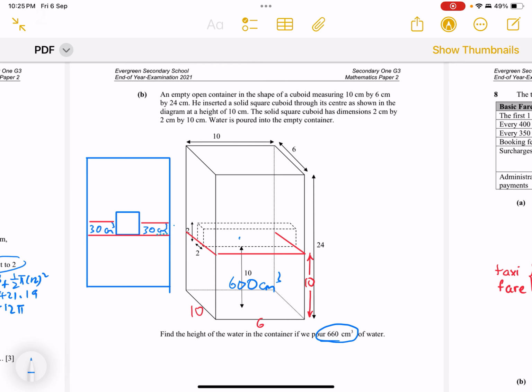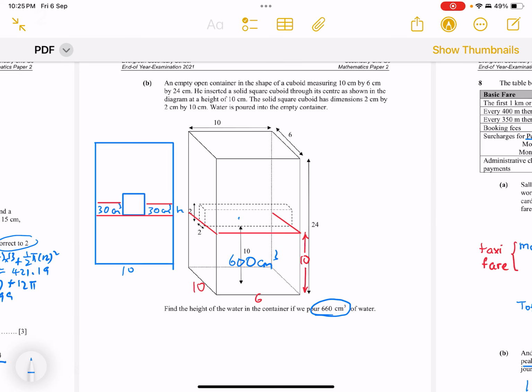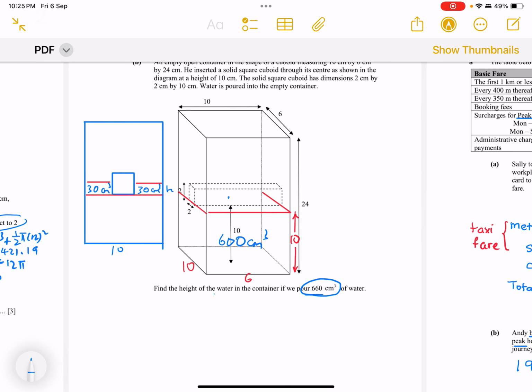That means if we have a height here, the length here is 10, and this one is actually 2.